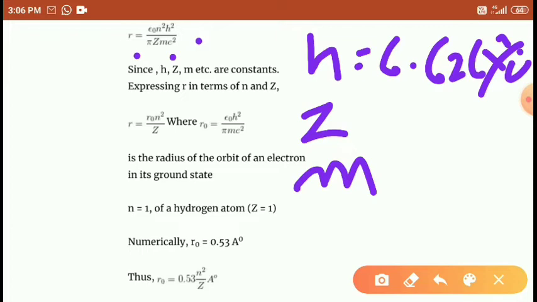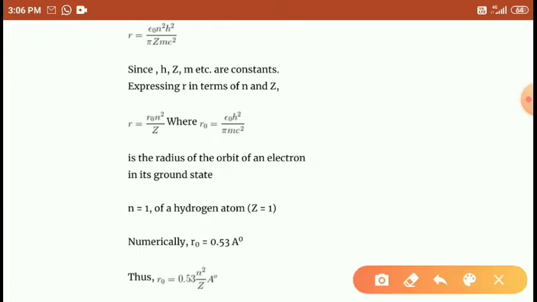Expressing this, we got the r value as n r naught, epsilon naught n square Z, where r naught is epsilon naught h square by pi m square. We know all these values.